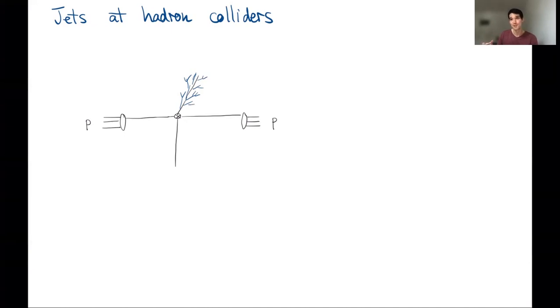So induce additional emissions that are mostly collimated around the original hard parton, which is called final state radiation. But now I also have incoming partons, which are also allowed to emit gluons if they want to.